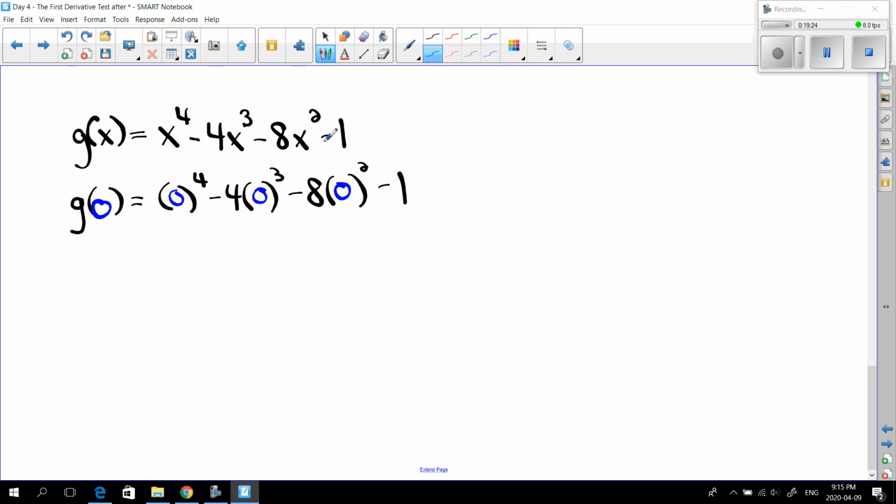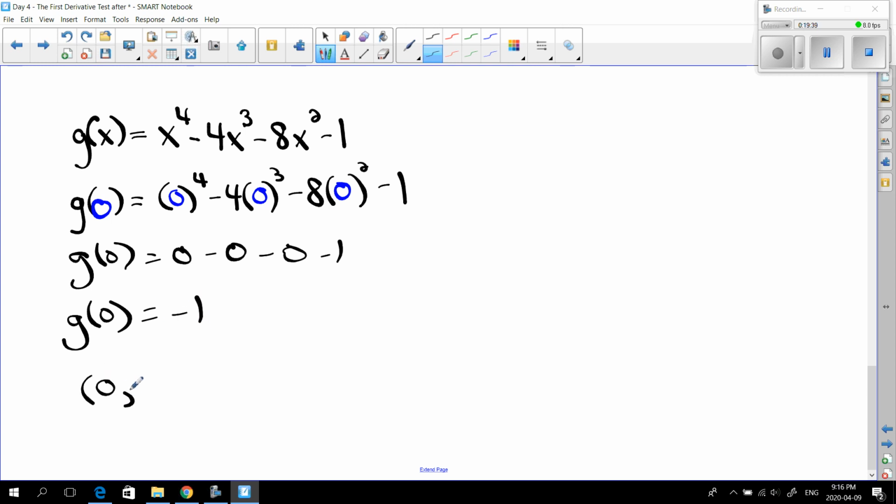And when I solve, g of 0 equals 0 minus 0 cubed times 4, 0 minus 0 squared, that's 0 minus 1, -1. So the point (0, -1) is a maximum.